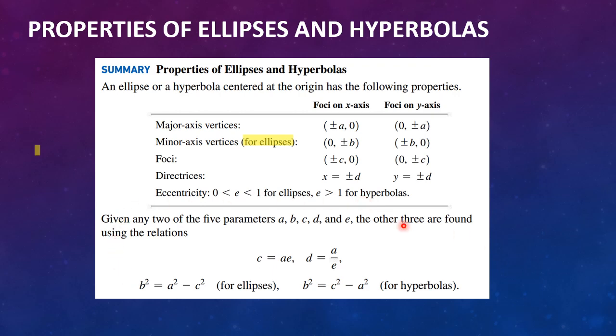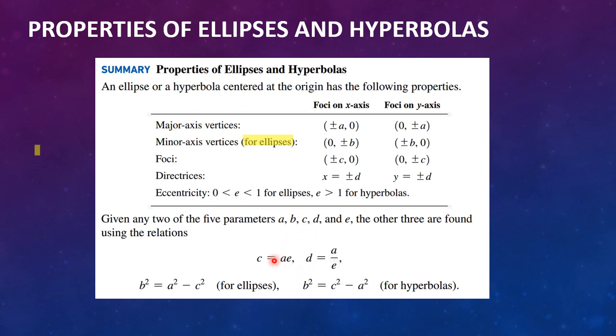But the key part of this slide is these calculations: given any two of the five parameters, A, B, C, D, and E, the other three can be found using these formulas. So C, which is the foci constant, equals A, the major axis vertex, times the eccentricity constant.